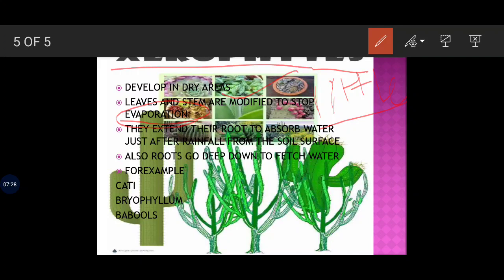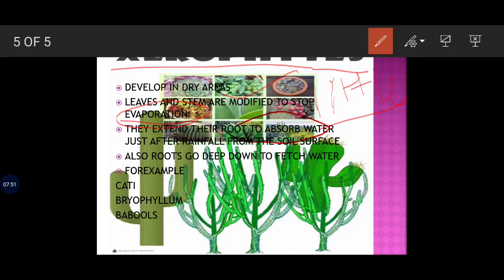If the evaporation of water gets too high, the plant will die. To check that, nature has designed the plant in such a way that the leaf surfaces are coated with a waxy layer which stops evaporation.